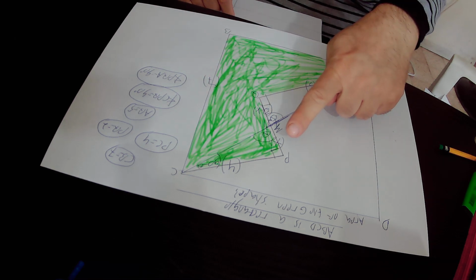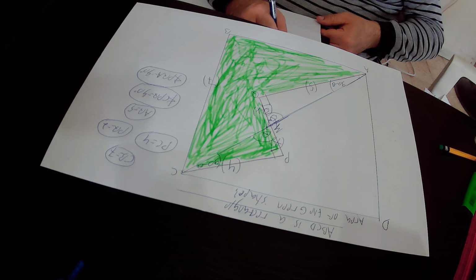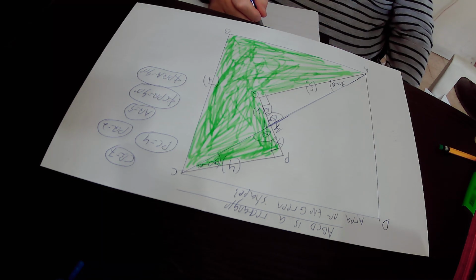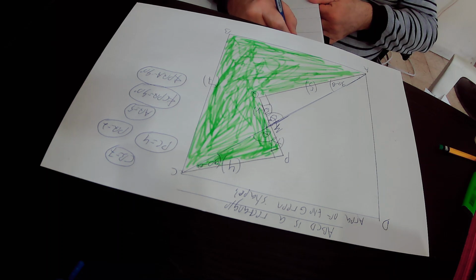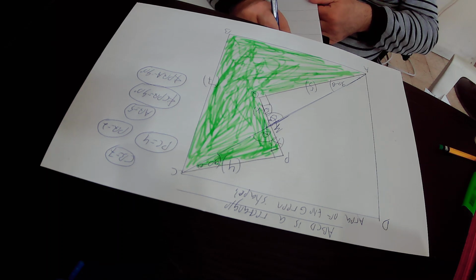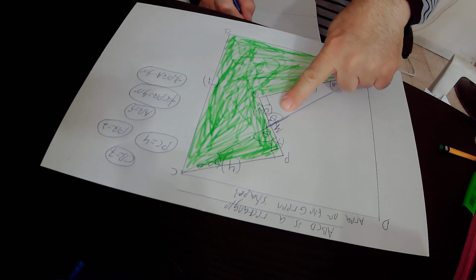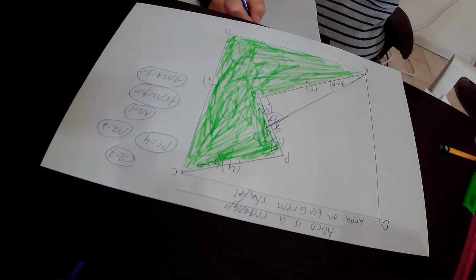So this is angle PMC in the right triangle PMC, and it is equal to this angle AMQ in the right triangle AMQ.